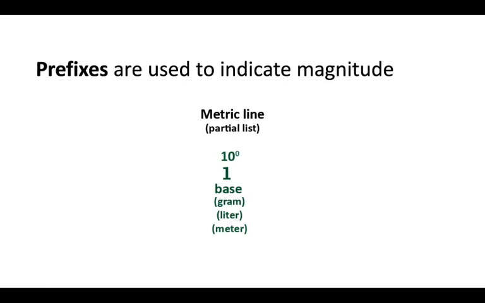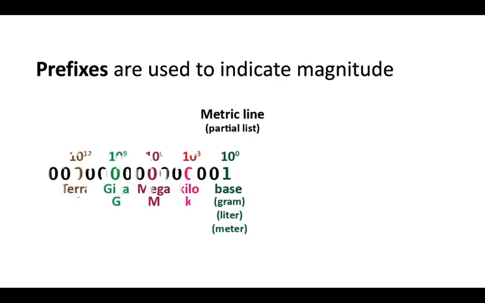Prefixes are added to the base unit name when you want to refer to numbers of a different scale. For example, the prefixes for numbers greater than 10 include kilo, 10 to the 3, mega, 10 to the 6 or million, giga, 10 to the 9, and tera, 10 to the 12. This is only a partial list, I want to remind you.